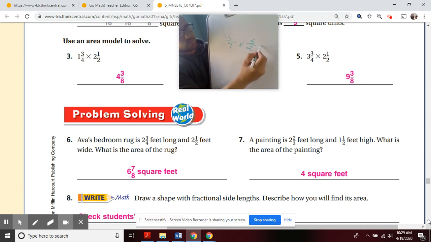Same thing. They're not giving us any numbers where we can use cancellation in these ones. 55 over 8. But I can tell you that 8 goes into 55. Well, 8 times 8 is 64. 8 times 7 is 56. That's too much. 8 times 6 is 48, with the remainder of 7.